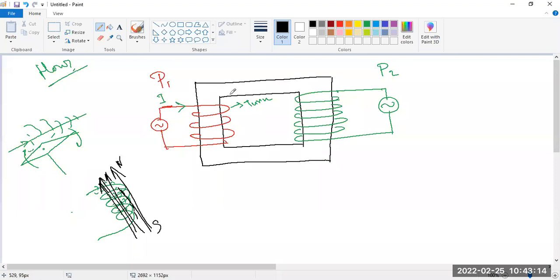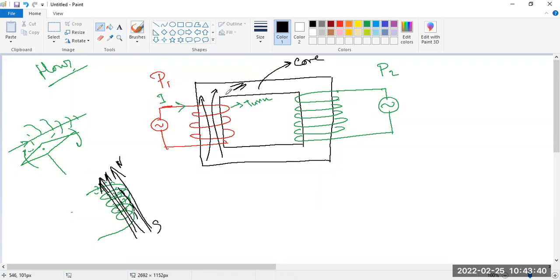So whenever current flows through this coil, magnetic flux is created, and this flux passes through the core material. This material is called the core. It is made of iron and some alloys of iron, silicon iron.